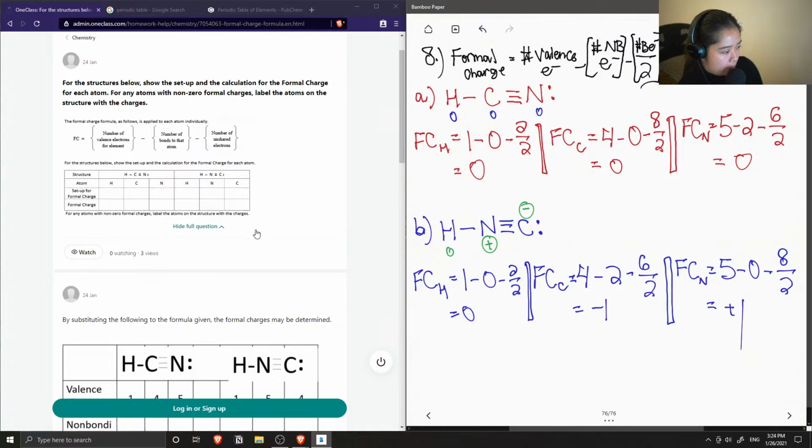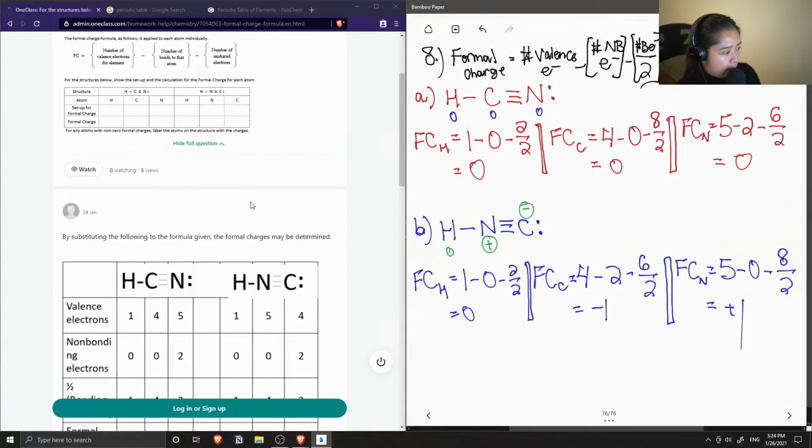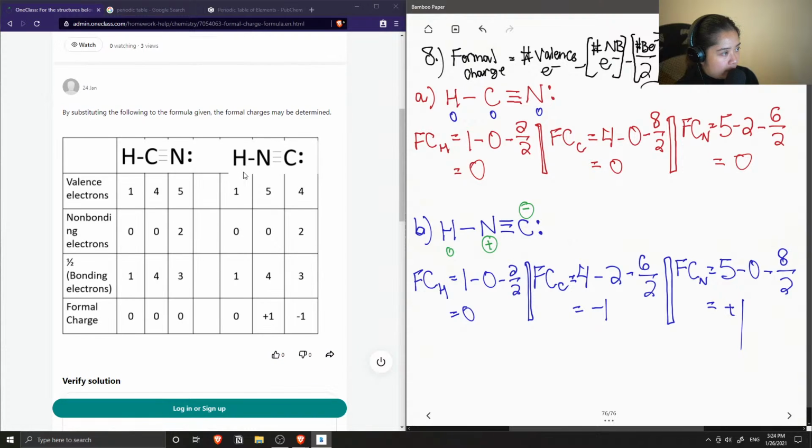So now let's see what the junior tutor said. By substituting the following to the formula given, the formal charges may be determined. So for the first structure, they did it for, okay, so they have all the valence electrons in the same row.